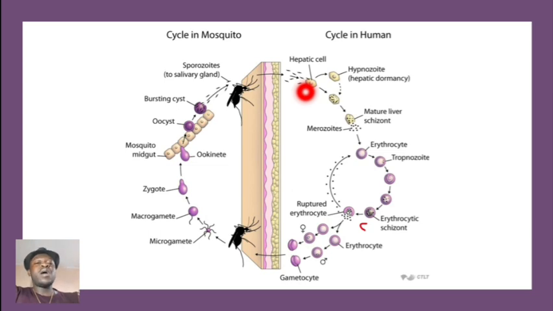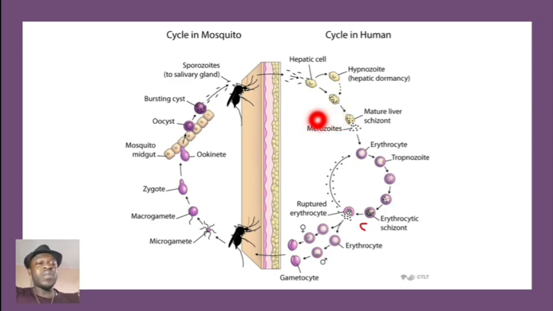There are two scenarios. They can lie dormant in the hepatocytes, so they are called hypnozoites. Another pathway is they continue to form mature schizonts. The mature schizont will burst.